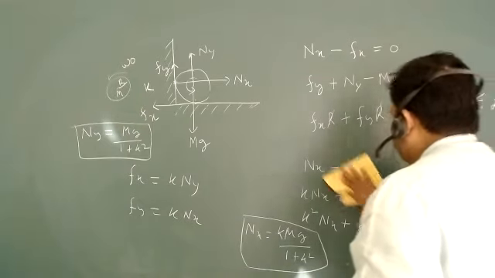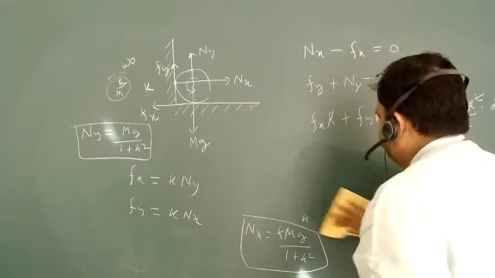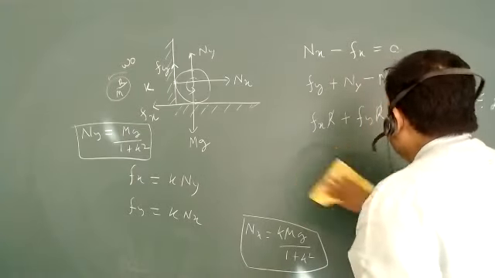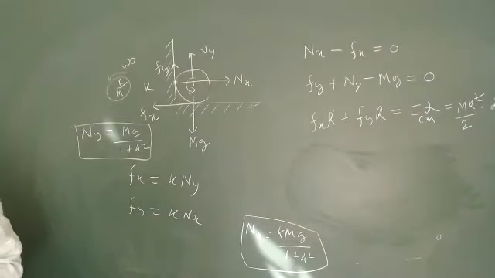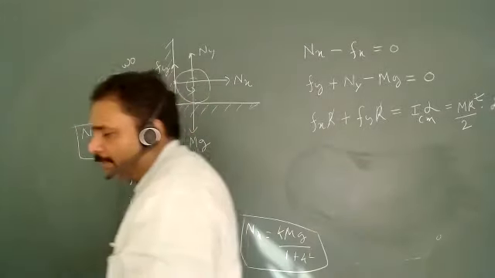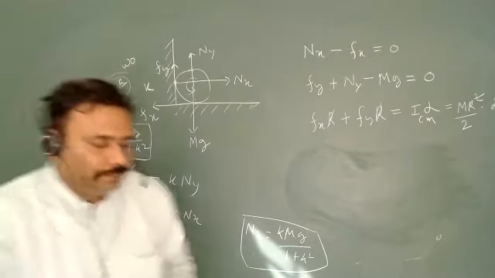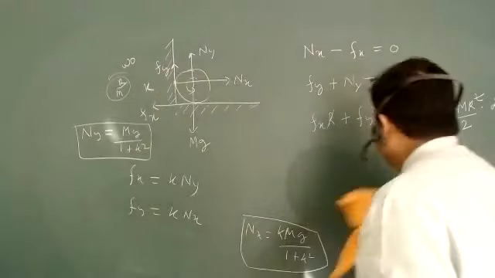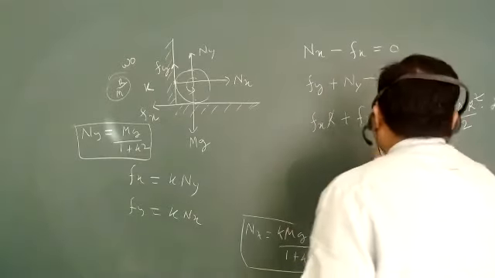So let me remove this part. This type of question can come in your TIFR exam, isn't it? It will be a little lengthy, but they can ask you because you have to calculate everything: friction, normal, and the rotational concept, torque.